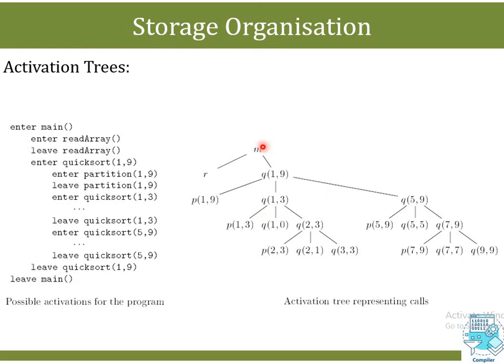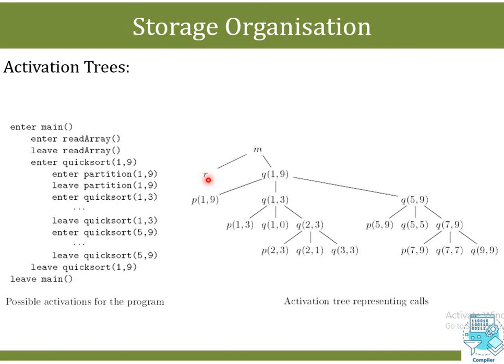You could see M, you have a child called R. What does it mean? M is nothing but the first letter of the function. R is the first letter of the function read array. Similarly for other functions. So M is the main function, and from the main function you go to the read array function.